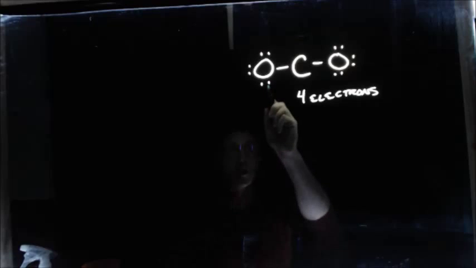So what's going to happen is carbon, oxygen, is going to be a pal and take one of its lone pairs of electrons and share it with the carbon. Like that. Now, each oxygen is going to have to do that because carbon needs to touch 8 electrons.